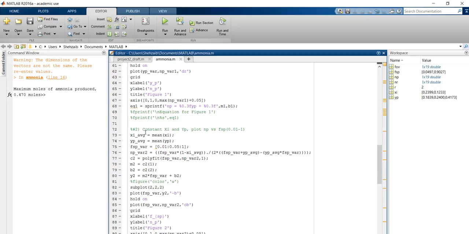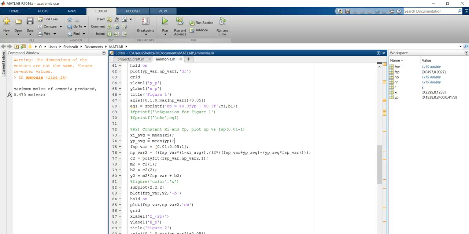Our second graph holds the variable xi and YP constant, and it plots the number of moles of ammonia produced versus the variable FSP, which is in a range from 0.01 to 1.